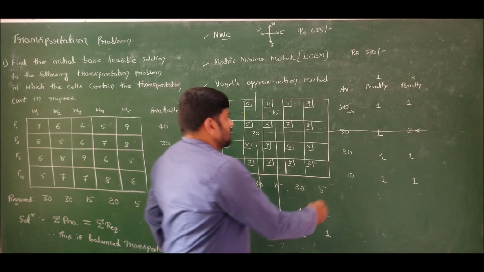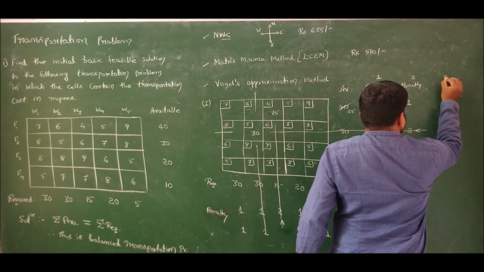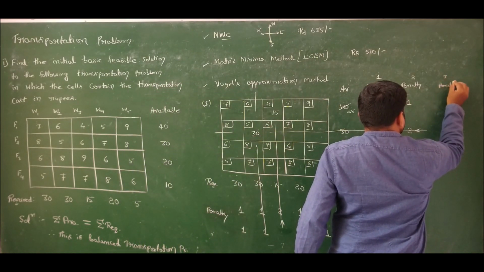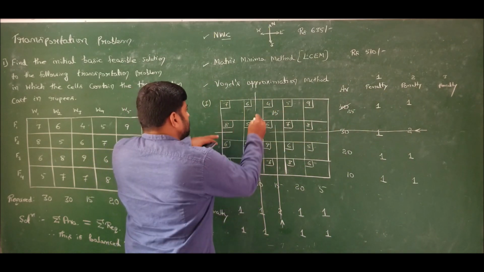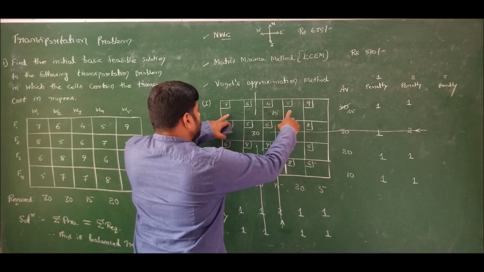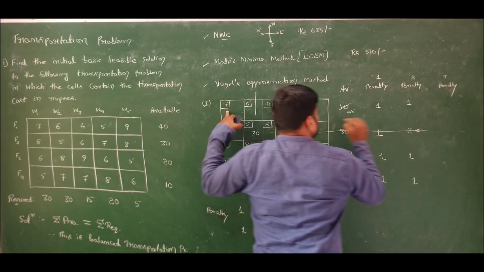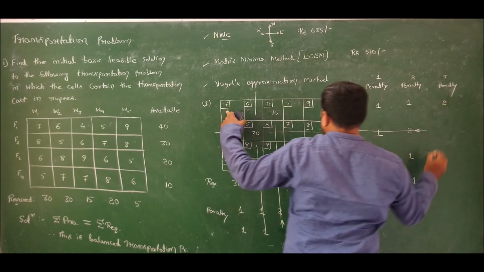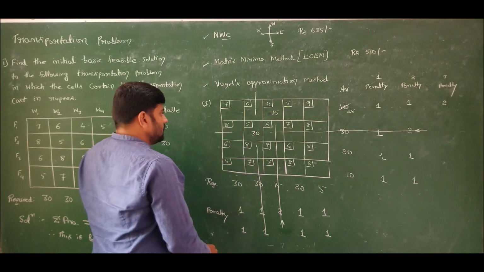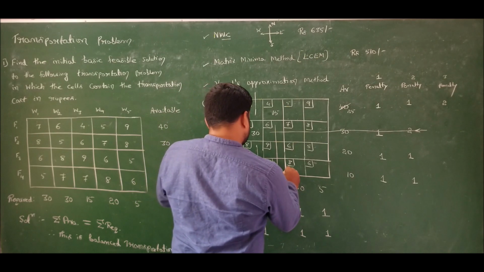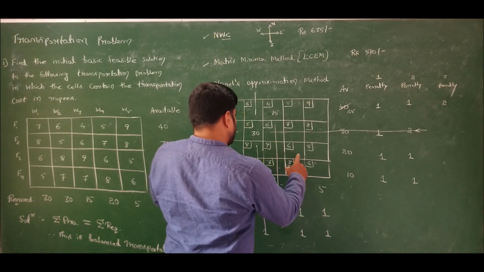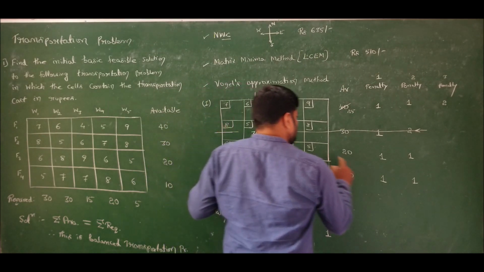Next, calculate the penalty in step 3 for the remaining. We have 5 and 7, penalty is 2, 7 minus 5 is 2. Here it is already eliminated. Coming over here, we have 5 and 6, penalty is 1.